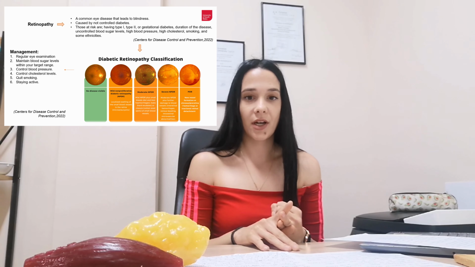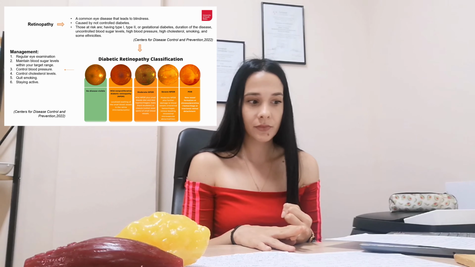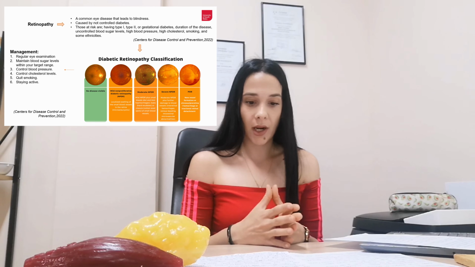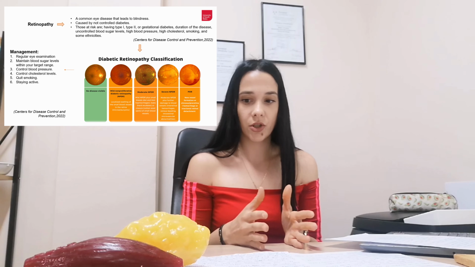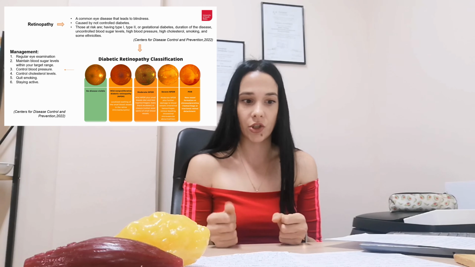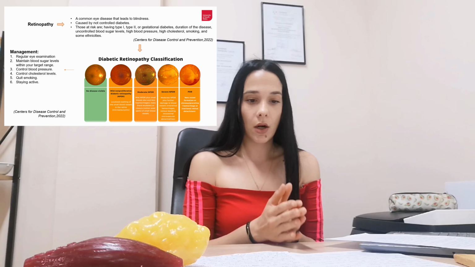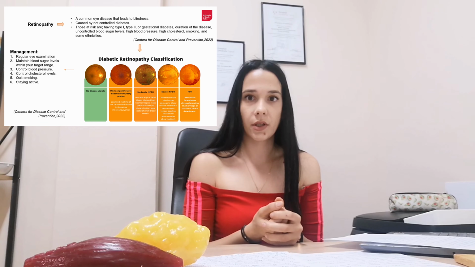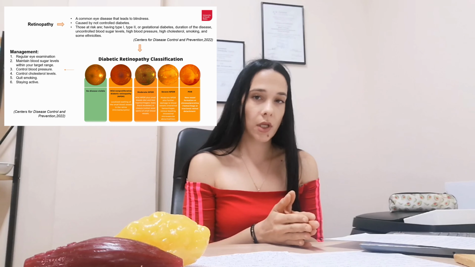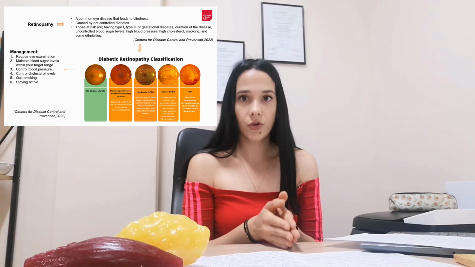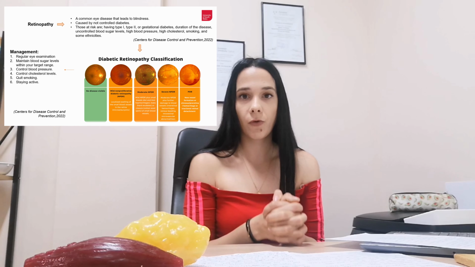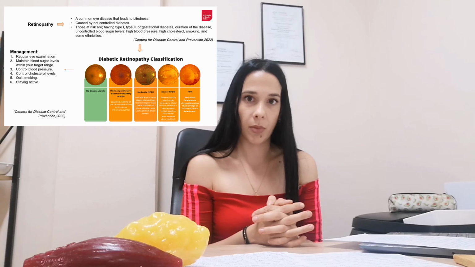Maintain blood sugar levels under control, lower our blood pressure if it is more than 120 over 80 mmHg, lower our levels of cholesterol if our cholesterol is elevated, quit smoking, and stay active. Also, I would like to tell you guys the importance of following a healthy meal plan.